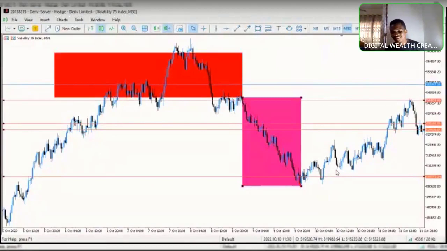Scalping option is when the move forming the tweezer is not strong, but the candles which are moving in the anticipated direction are moving with high momentum.